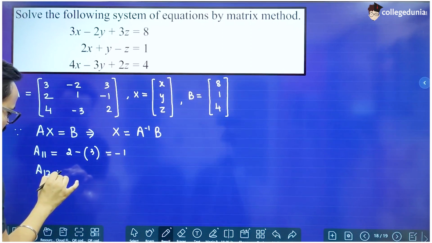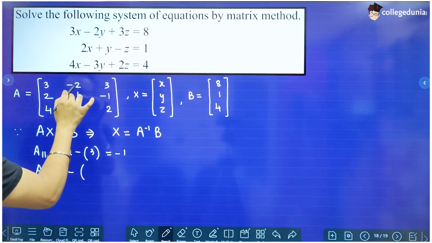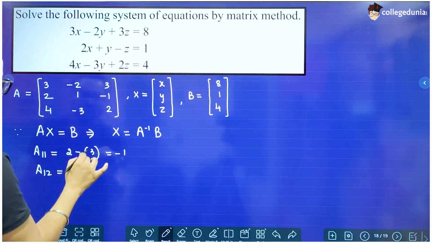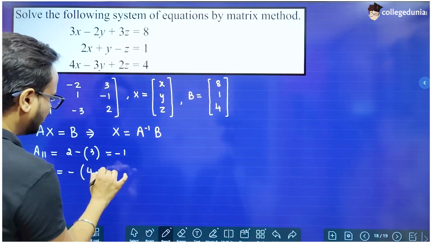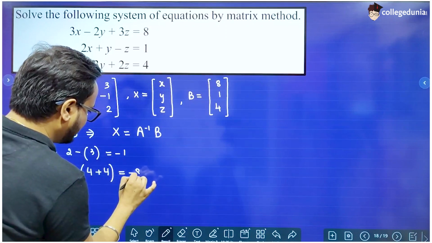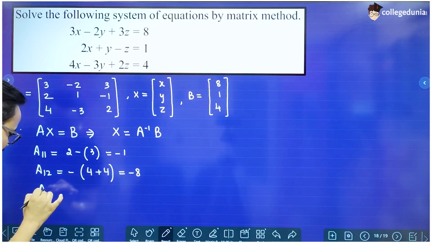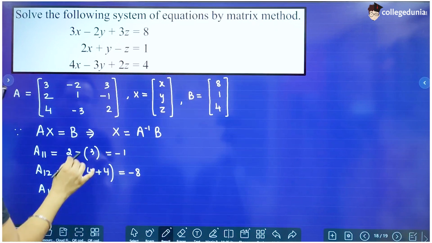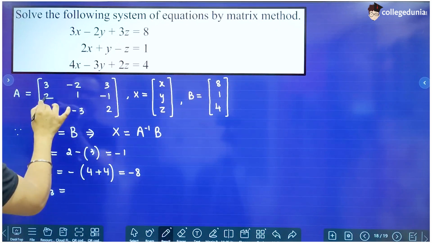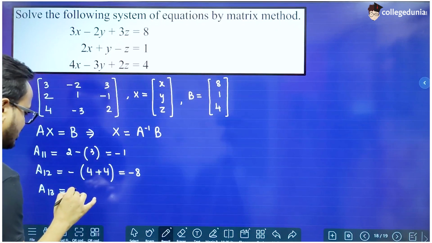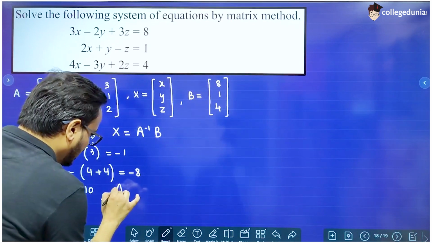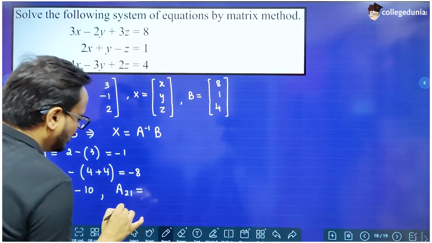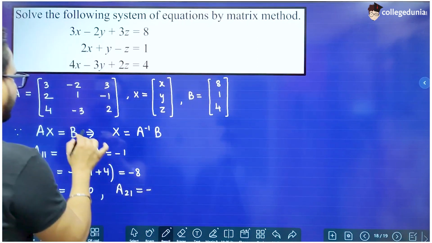A 1, 2, negative. Leave this and this. 4 minus 4, that is 4. So minus 8. A1, 3. Positive. Leave this and this. Minus 6 minus 4. Minus 10. A2, 1. Negative.